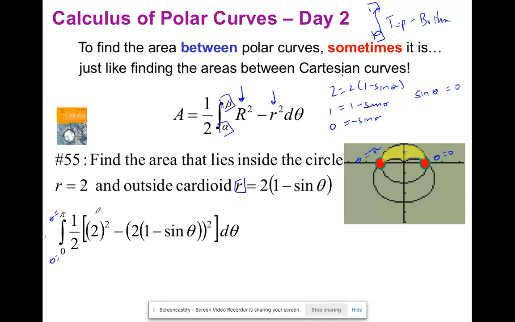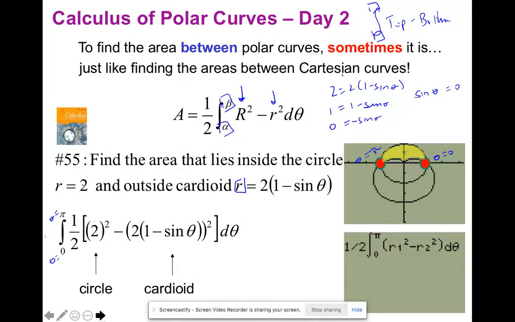So that's why this is capital R, 2 squared, minus the smaller area that I'm taking out, because I'm just taking out these two little bumpy things. d theta, plopping that in my calculator.